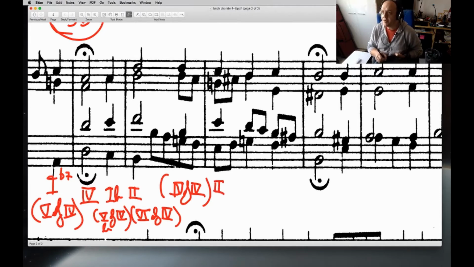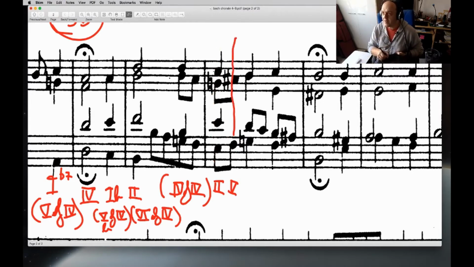Oh, look what happens here. I have, okay, that's F sharp, A sharp, C sharp, and E. So that is an F sharp 7 chord. That's 5 of 2. So on this chord, chord 2 of B minor.